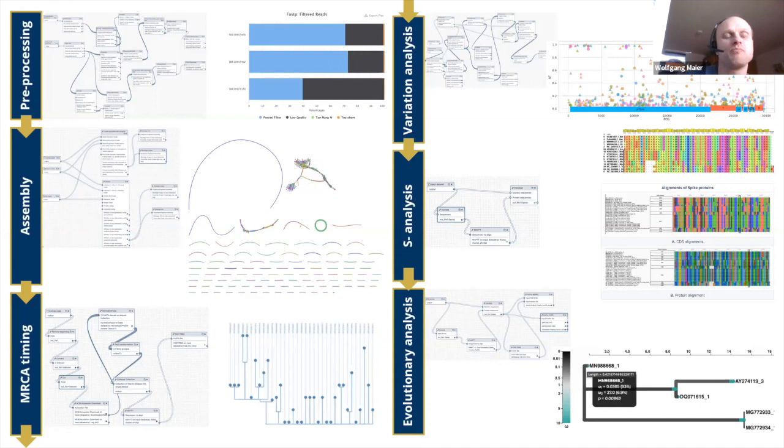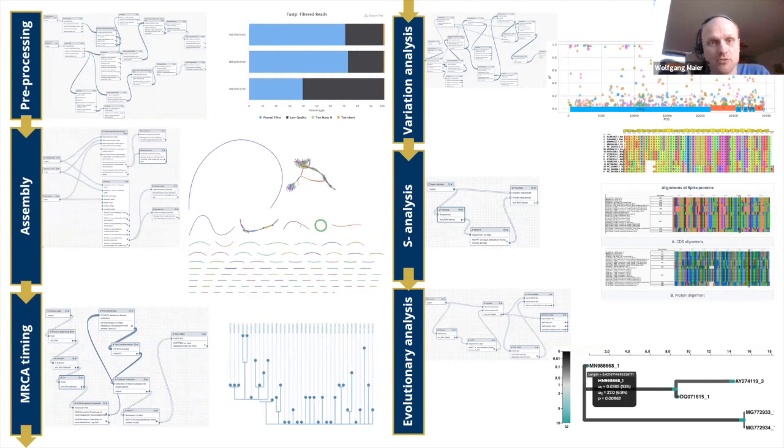We had workflows for SARS-CoV-2 genome assembly and for pre-processing of such data for the assembly. We had workflows for estimating the most recent common ancestor of the virus. So basically these questions: when did this virus emerge? How did it emerge? How different are isolates from different countries, and so on.